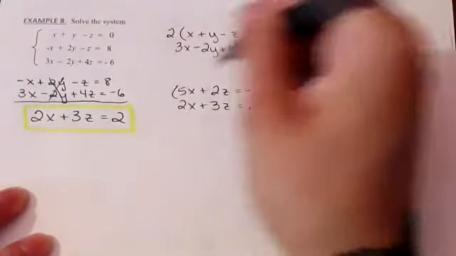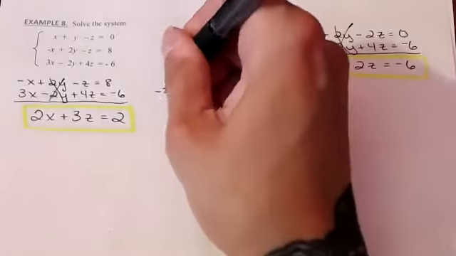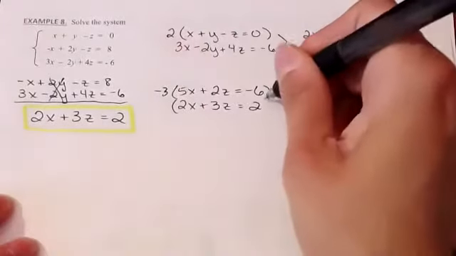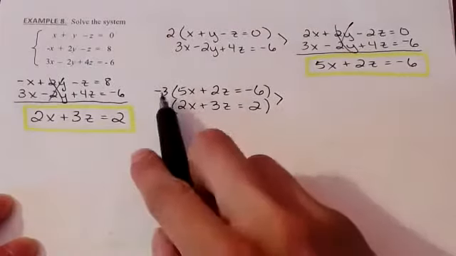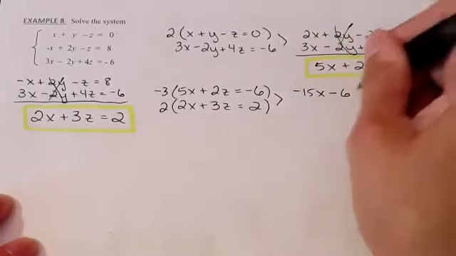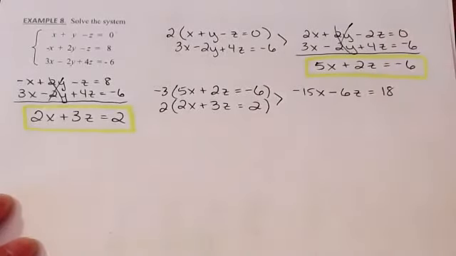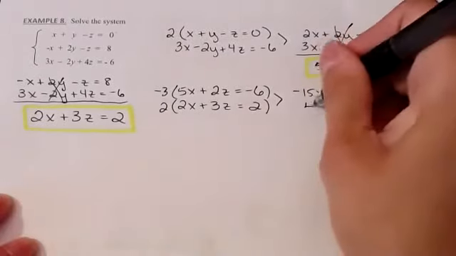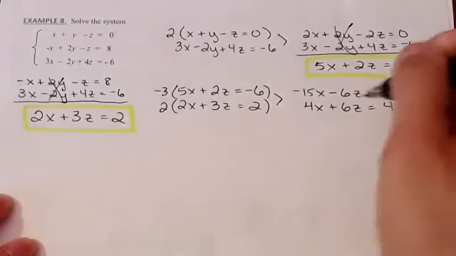So I'm going to multiply the top one by a, let's do negative 3, and the bottom one by a positive 2. Let's distribute and see what we get. So we have negative 15x minus 6z is equal to positive 18. Then I have 4x plus 6z is equal to 4.